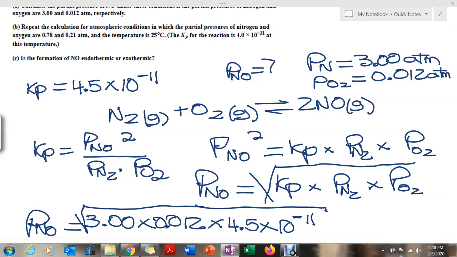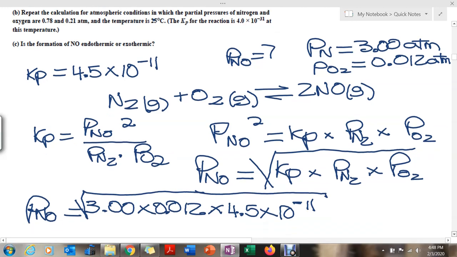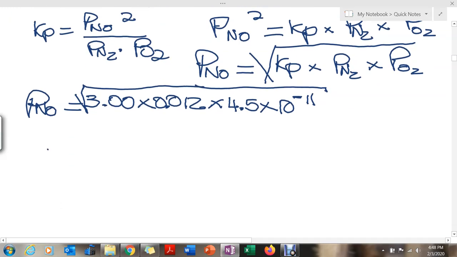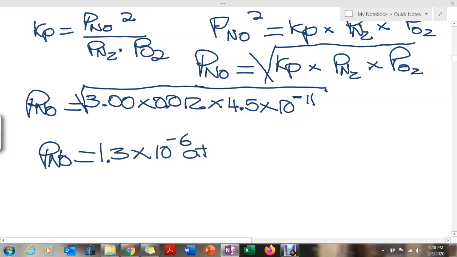This is going to give you that the partial pressure of NO, if you multiply all this and take the square root, is 1.3 times 10 to the negative 6 atmosphere.